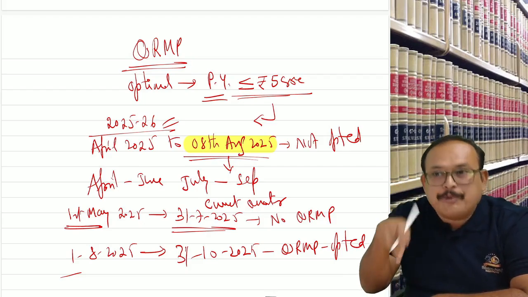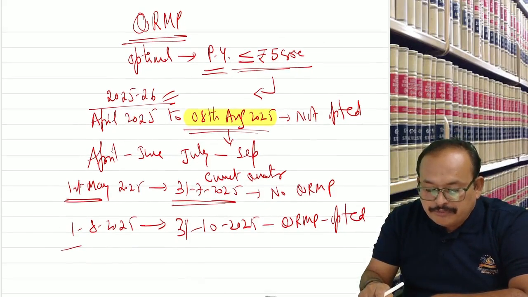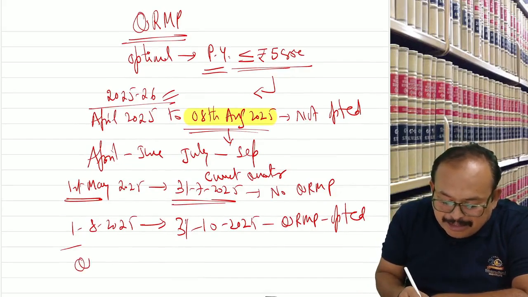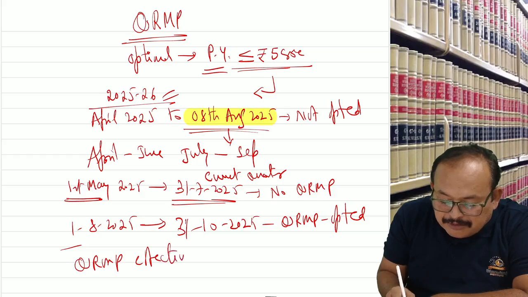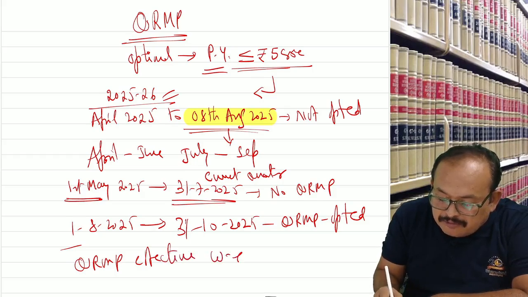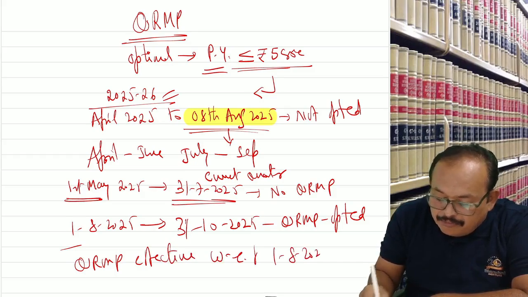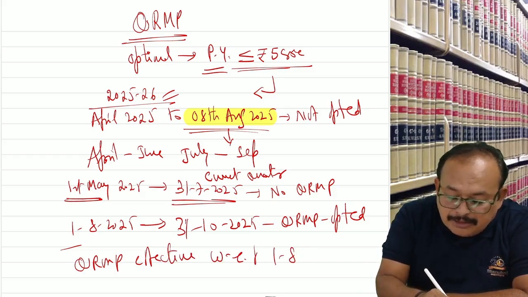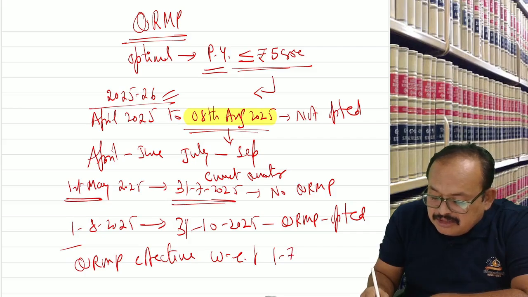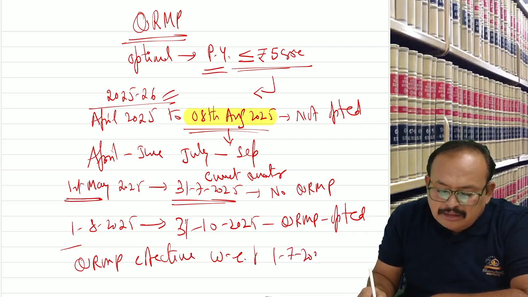Yes. If I opt today, 8th August 2025, QRMP is effective with effect from 1st July? Yes?